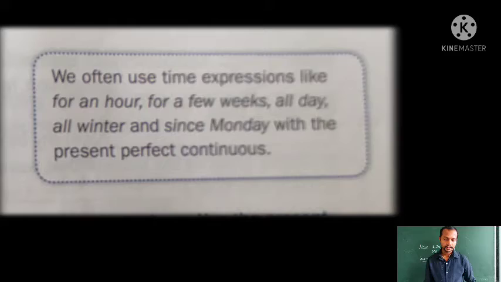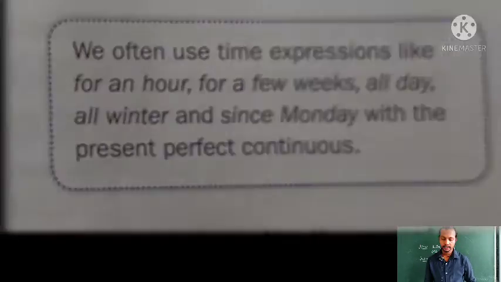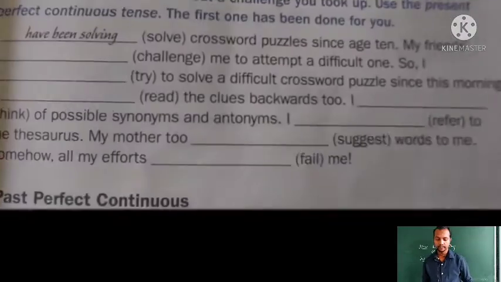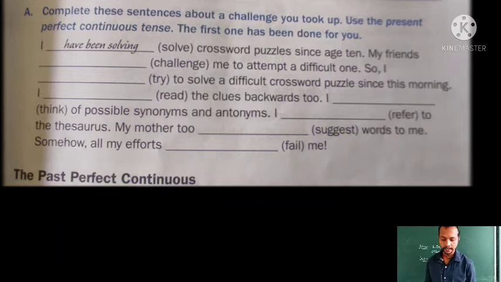So related to that same tense, let us try to see the exercise of it, comprehension, exercise A, that is, complete these sentences about a challenge you took up. Use the present perfect continuous tense, and the first one is being done for you.